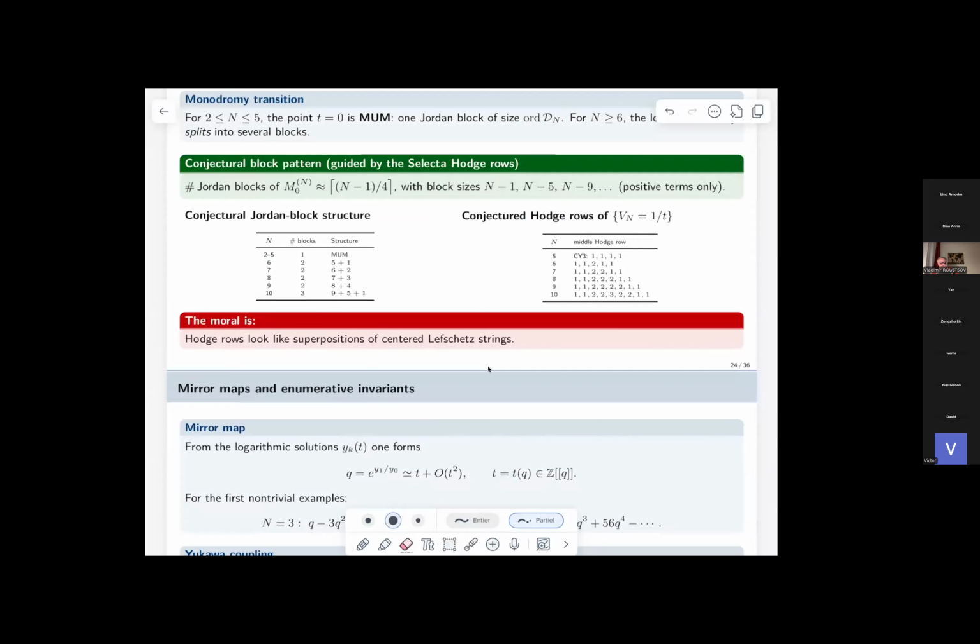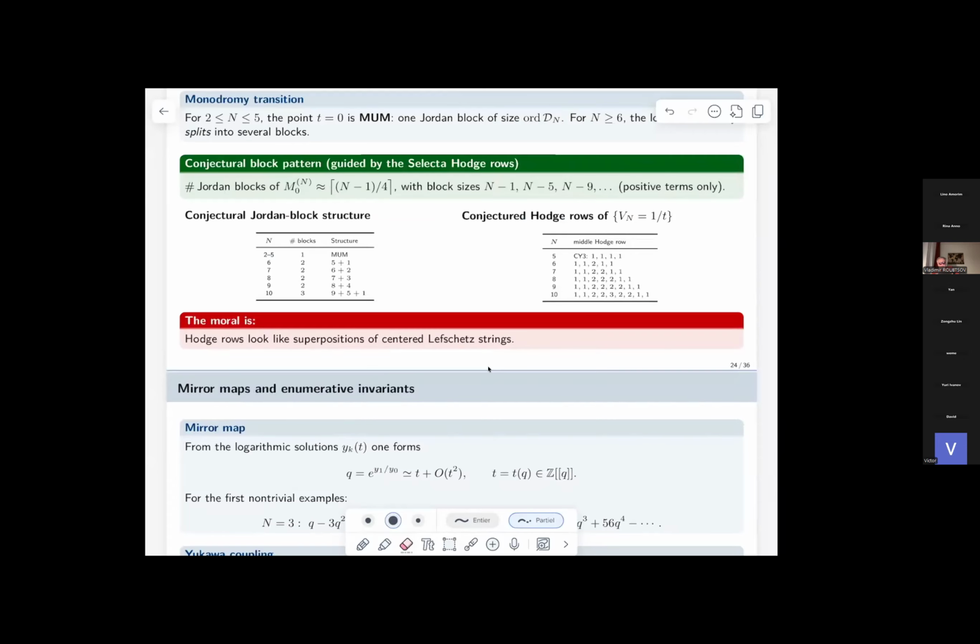I did it for 6 and 7, and I'm pretty sure that this conjecture can be proved in general. It is just a technical thing with a mixed Hodge structure and the Schmid-Steenbrink spectral sequence. So it is described completely.